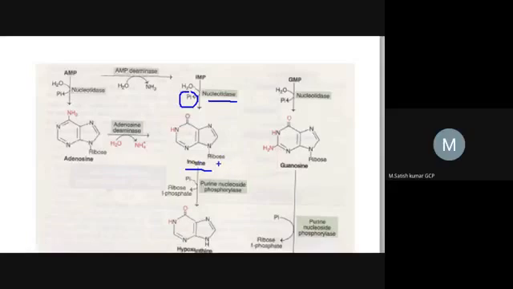Inosine is a nucleoside. What is a nucleoside? A nucleoside consists of a nitrogenous base along with a ribose sugar. So a nucleotide, by two reactions, the deamination reaction and the dephosphorylation reaction, gets converted into a nucleoside, that is inosine.